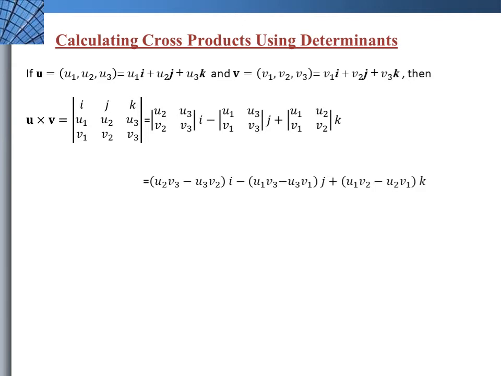We know how to expand this determinant from matrices and determinants, which we studied in the first chapter of the math for IT syllabus. So we just expand this determinant and we get our answer for u cross v.